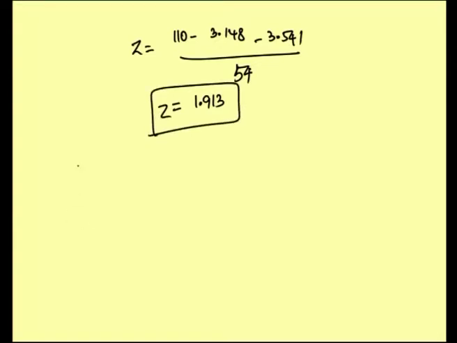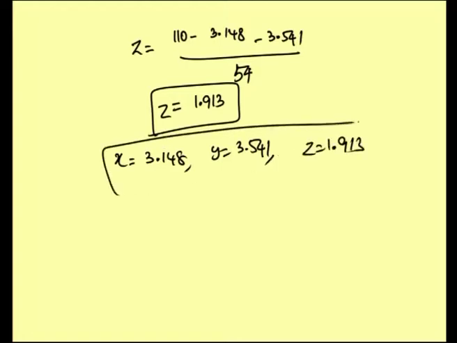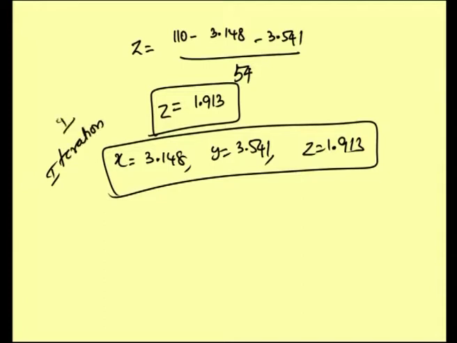Okay. Now, the first iteration values are x is equal to 3.148, y is equal to 3.541 and z is equal to 1.913. So, these are the first iteration values. For finding second iteration values in the first equation, you just have to change the x and y values, but the equations remain the same, only you have to change the values accordingly.